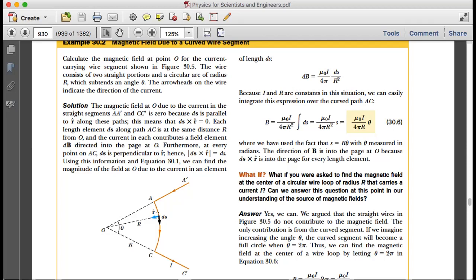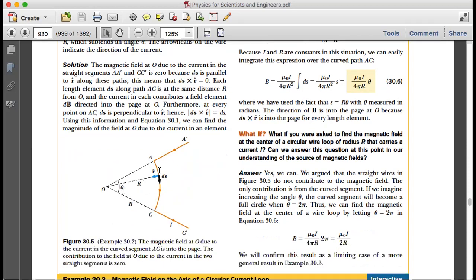Because ds cross r hat is perpendicular, we have only ds. So if we integrate this ds, the length of the path is equal to theta times r. So we get this one.